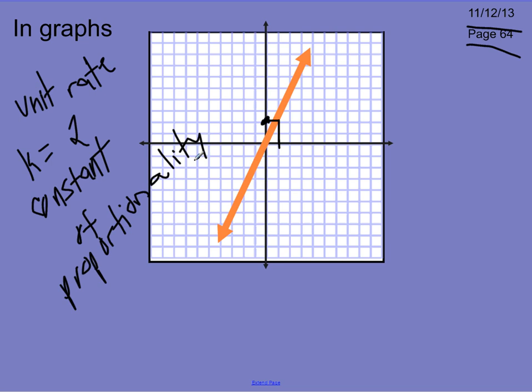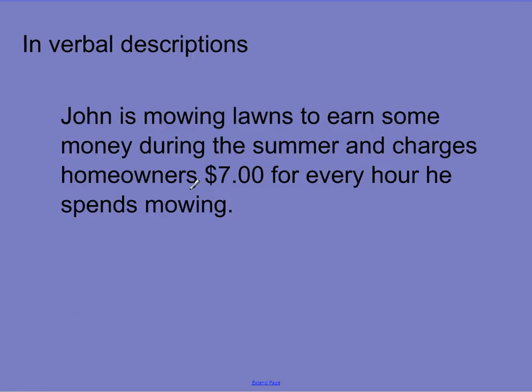And what's really neat about this constant of proportionality is that if you have a graph that you know is proportional, and remember, you know it's proportional if it's a straight line and it goes through the origin, and you can find the constant of proportionality, you can write the equation of this graph by simply using the standard form y equals kx. So in this case, the equation of this graph would simply be y equals 2x. How cool is that?